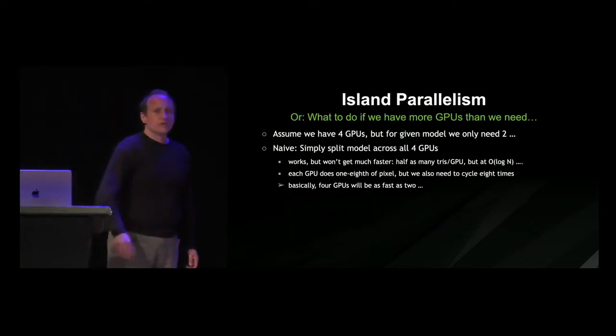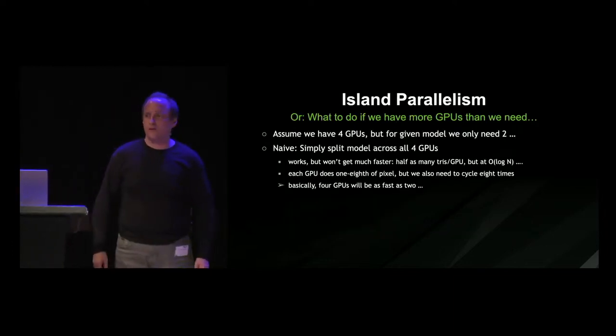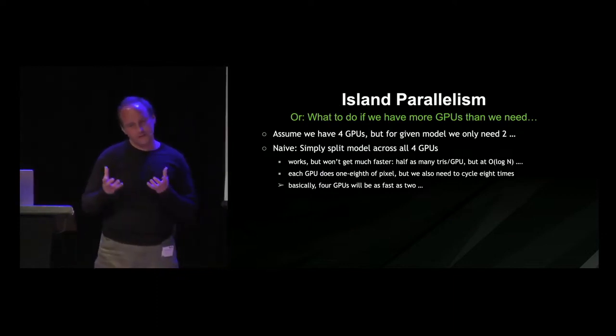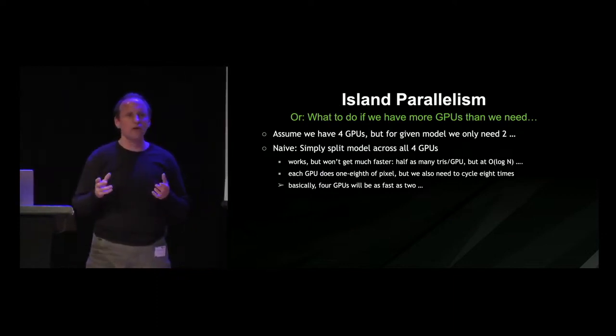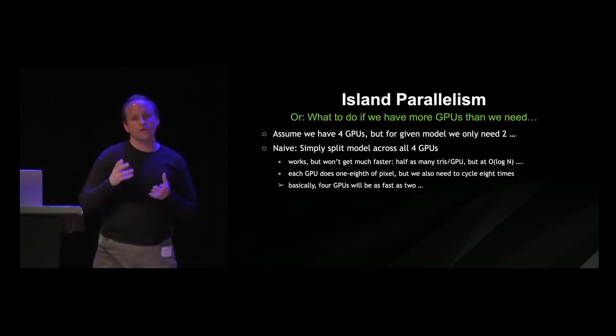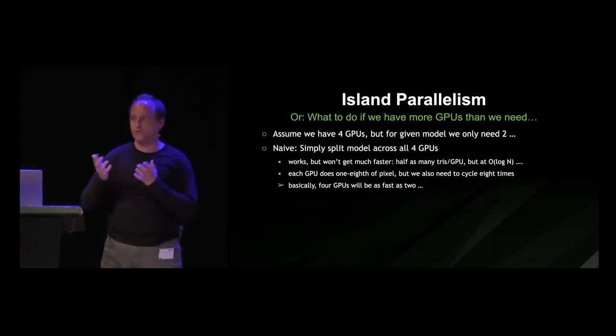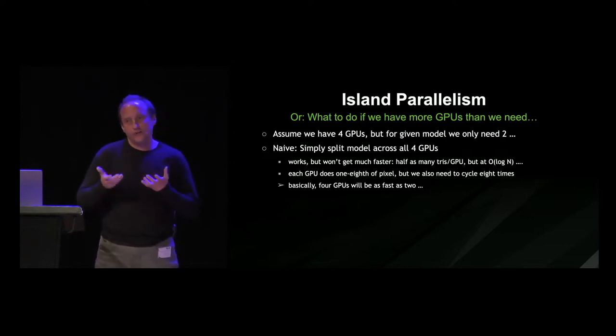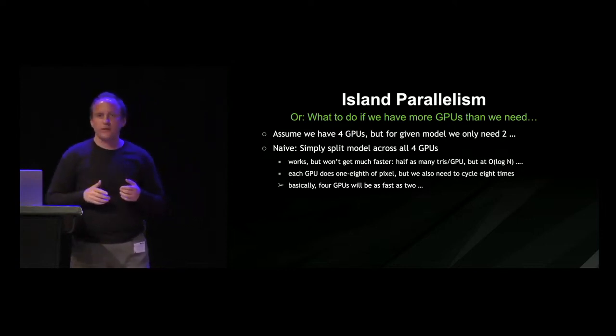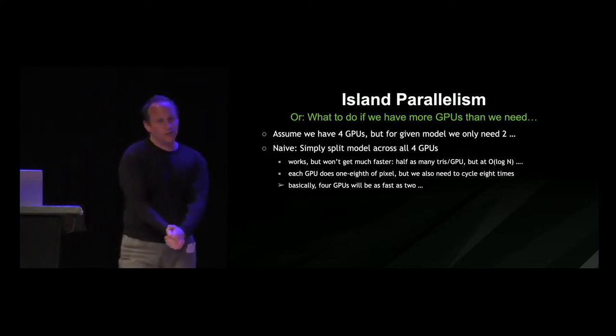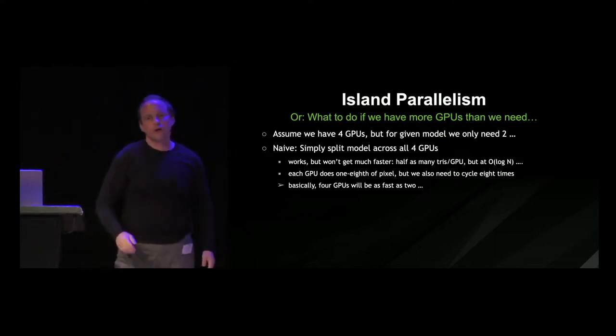Another question is scalability. Say we have a system with 4 GPUs available, and a model that only occupies 2 GPUs. The question is how to scale. We want to use those 4 GPUs, and ideally we also want to become faster, obviously. As I already said, we're doing ray tracing, so we're asymptotically bound logarithmically.